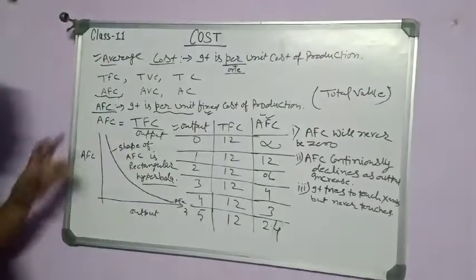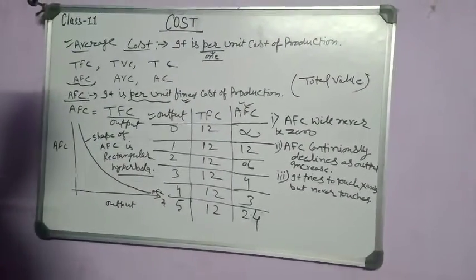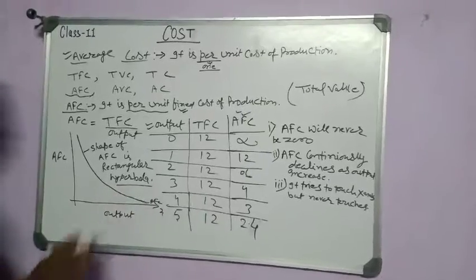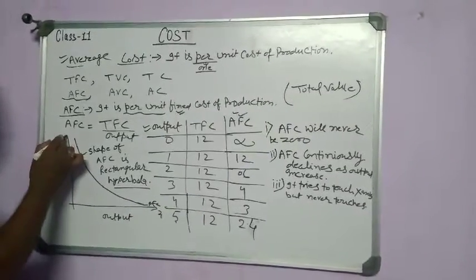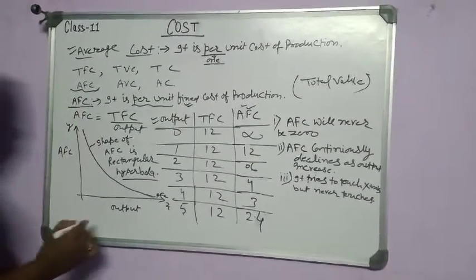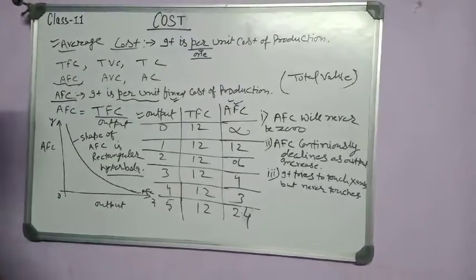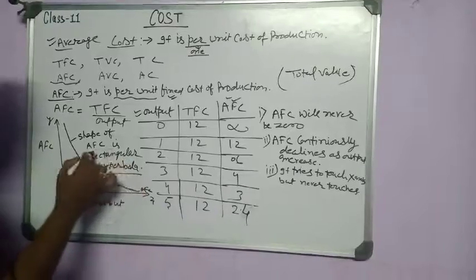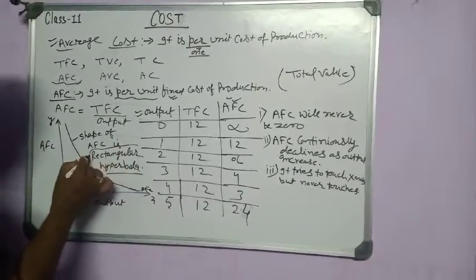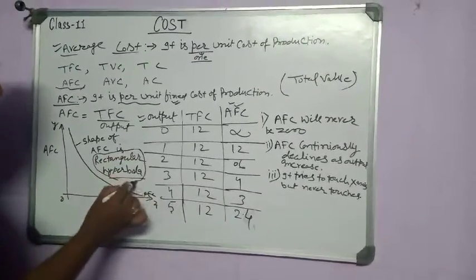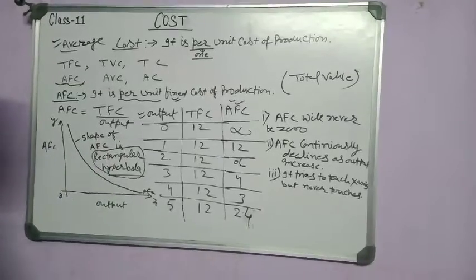Okay, so that is the shape of the AFC, average fixed cost, it will be rectangular hyperbola. So why? Here another question arises, why will the shape of the AFC be a rectangular hyperbola?